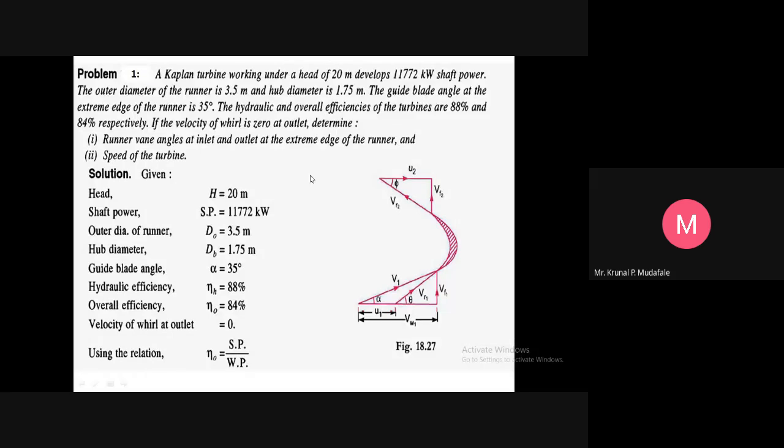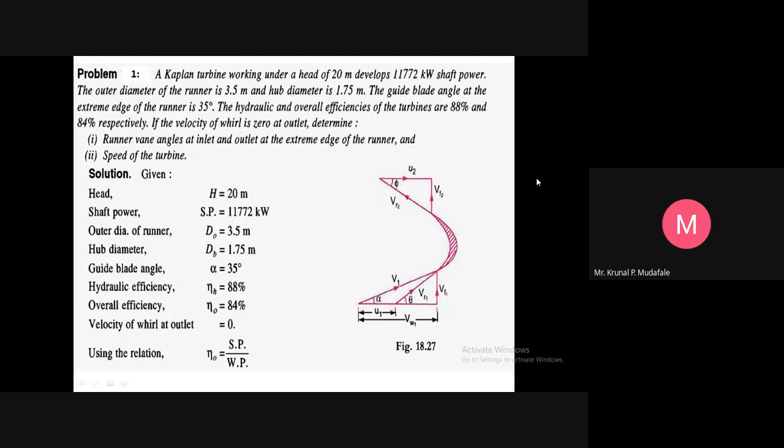Yes. So problem number 1: a Kaplan turbine working under a head of 20 meter develops 11,772 kilowatt of shaft power. The outer diameter of the runner is 3.5 meter and the hub diameter is 1.75 meter. The guide blade angle at the extreme edge of the runner is 35 degrees.